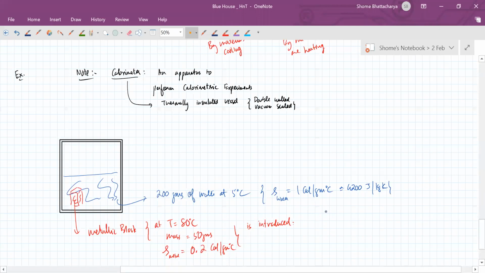So we want to find the final thermal equilibrium temperature after a long time.